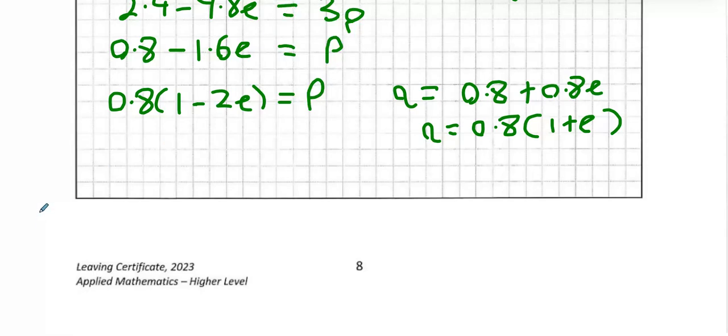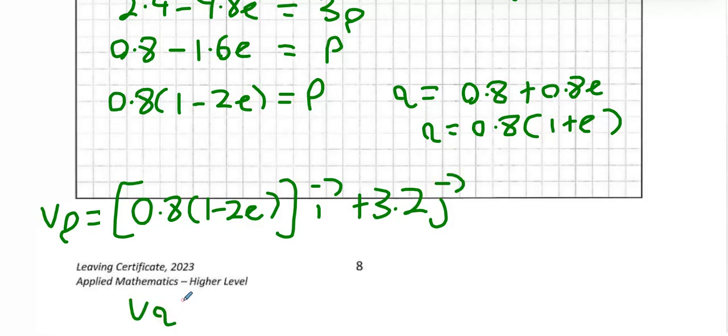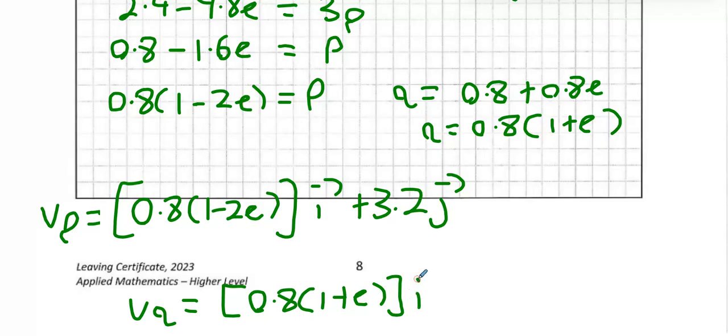You have to write down the velocity of P was 0.8 into 1 minus 2E in the I direction, and the 3.2J in the other direction. And that's where a lot of people lost a couple of marks. So that's why a few people got done there. And many people fell into that pitfall trap there. And you had everything else right though, did you? Yeah, it's annoying.